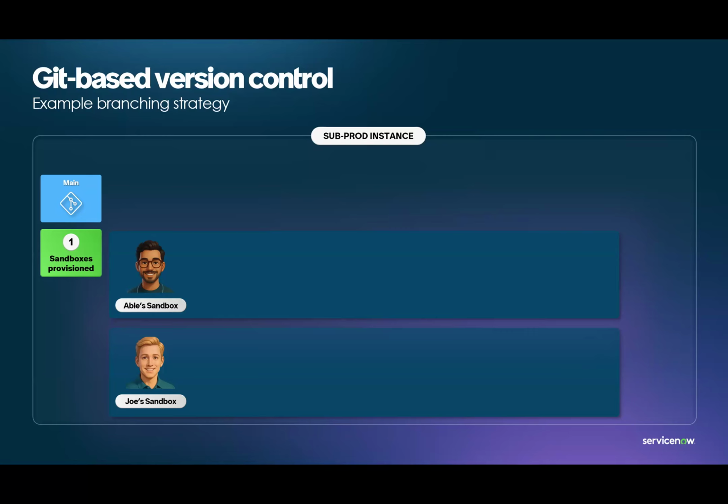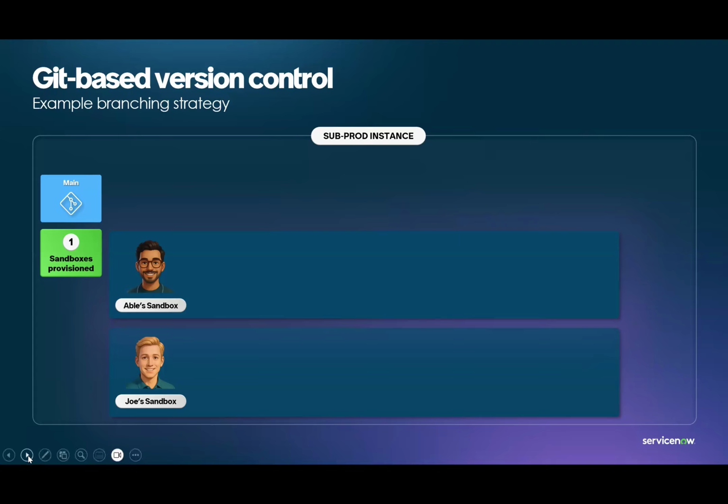And so a lot of the power with these sandboxes is that you're getting exactly the mirror image with all of these different sandboxes, but you're also getting the benefits of where people used to traditionally build in a PDI or maybe another subprod instance. So it's really kind of the best of all worlds here.